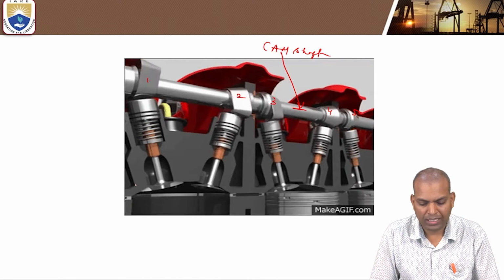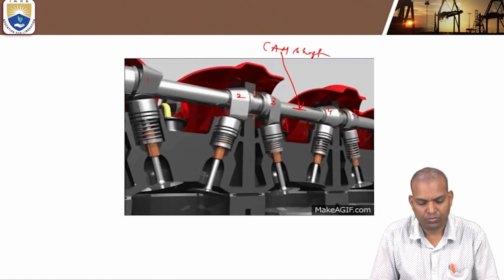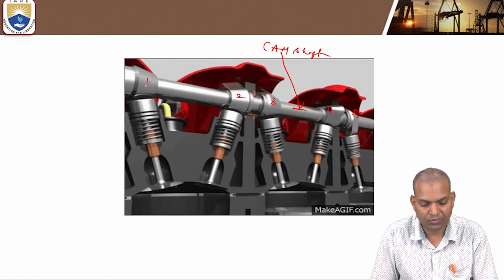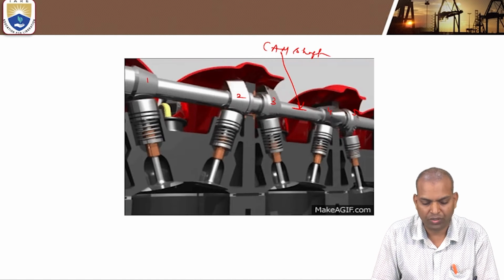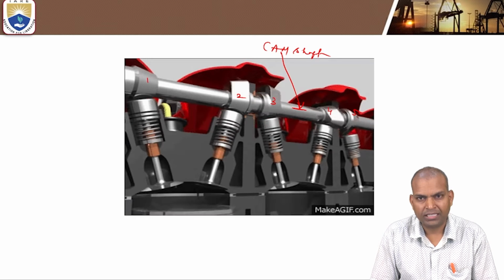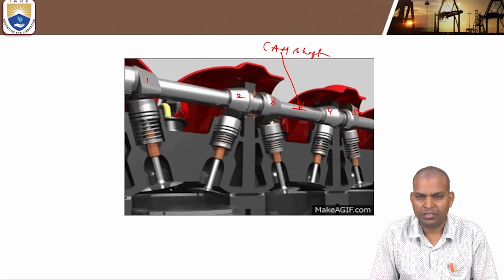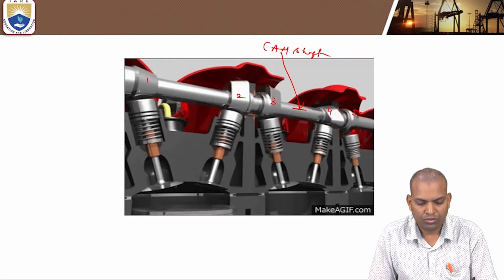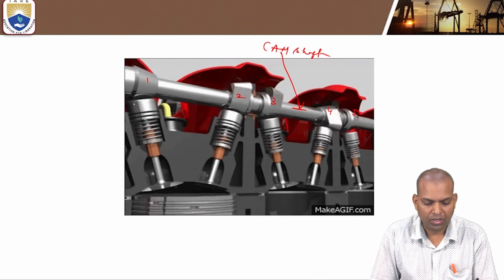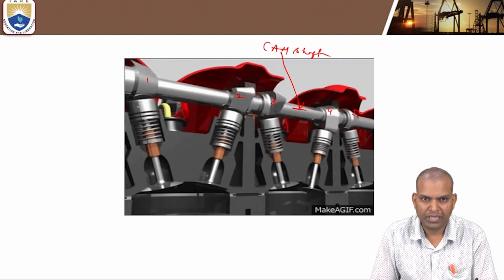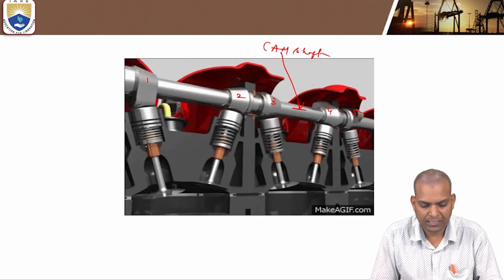Each 2 cams are connected to one cylinder, and each cam is connected to one valve. One acts as the inlet valve, another one is the exhaust valve. So each cam is connected to one valve. How it helps in the opening and closing of the valves we can see.